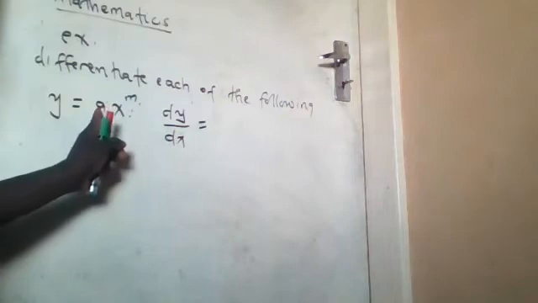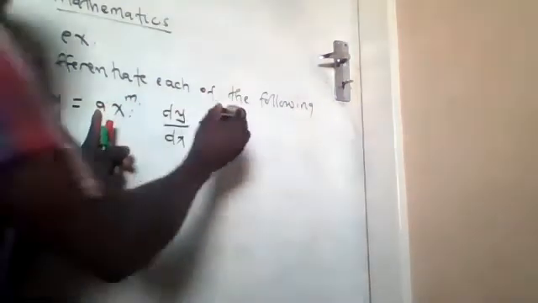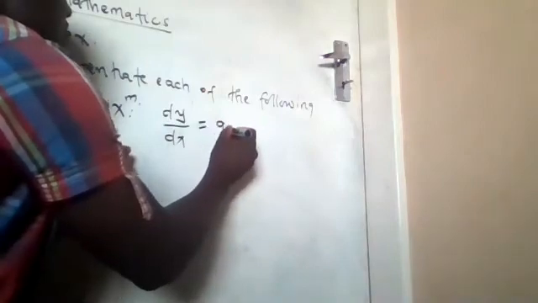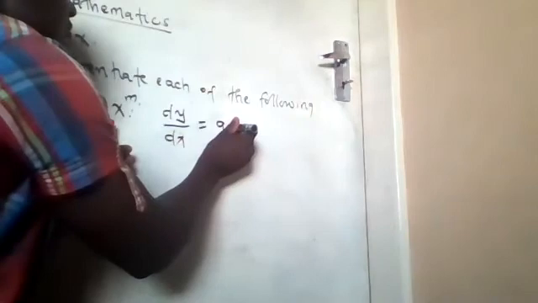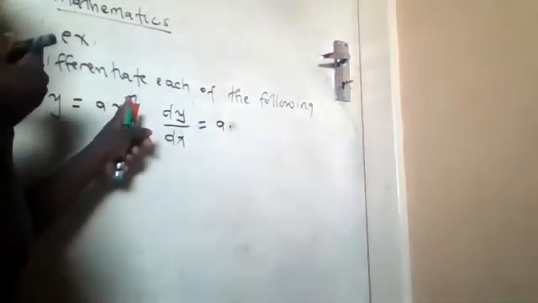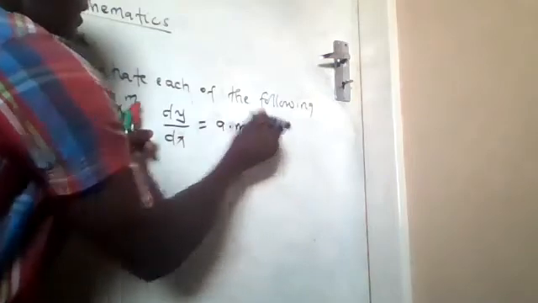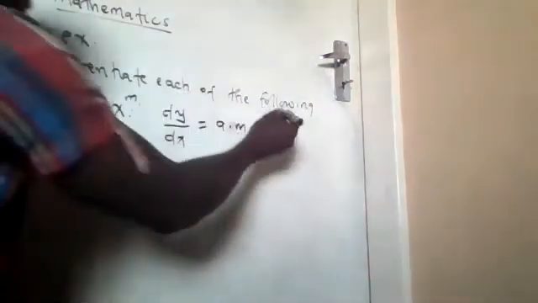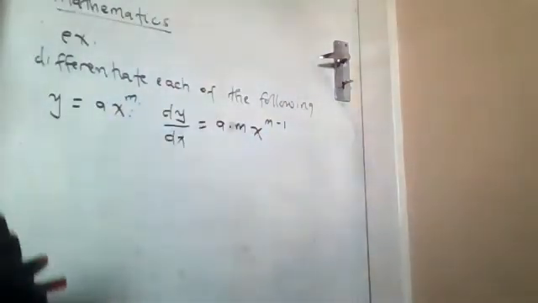So you multiply the power and the coefficient, a multiplied by m. After you are done, you bring the variable, then to the power you subtract 1. That's how you differentiate.